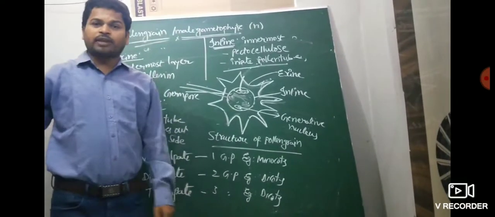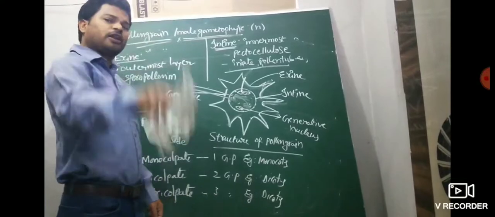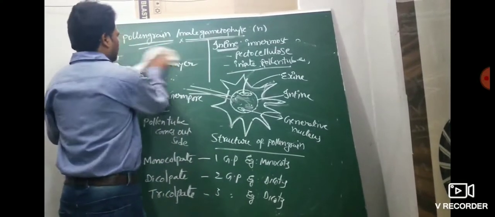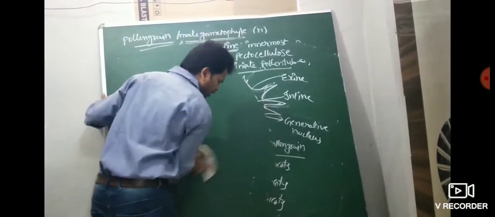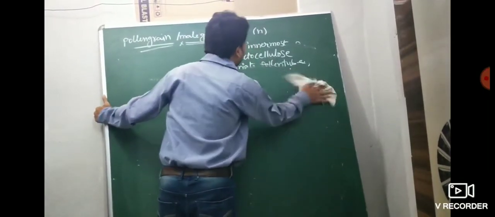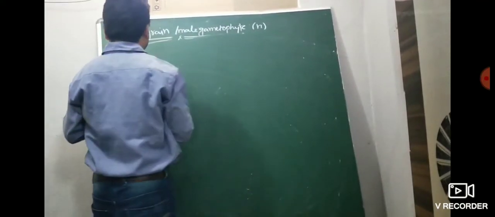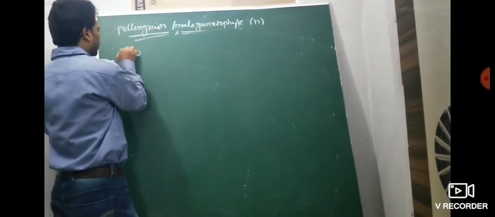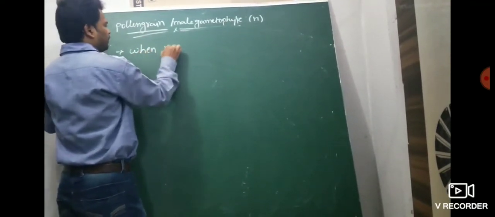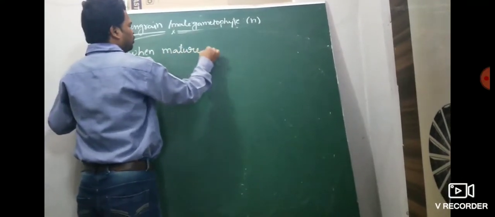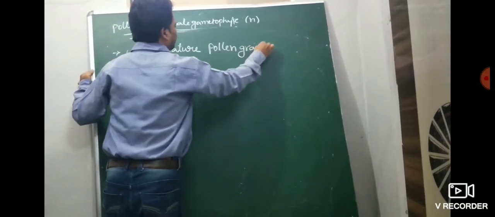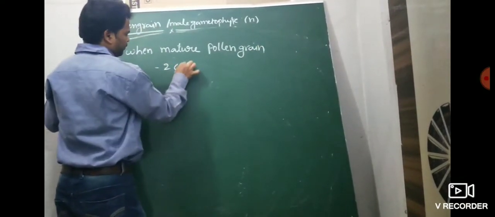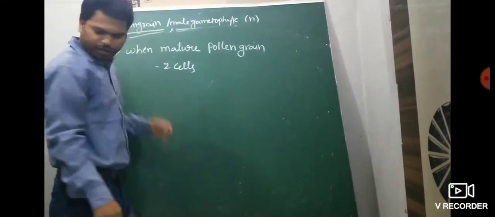Then you see here, when the pollen grain is mature, there are two cells. I'll repeat again. In the mature pollen grain, there are two cells present.